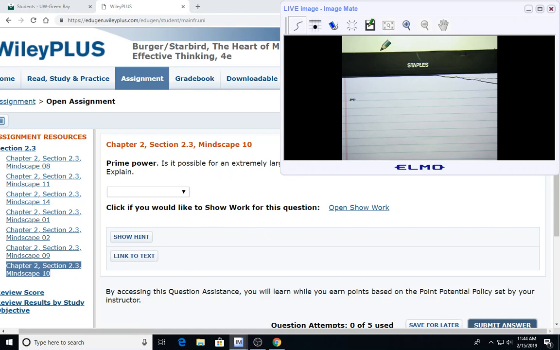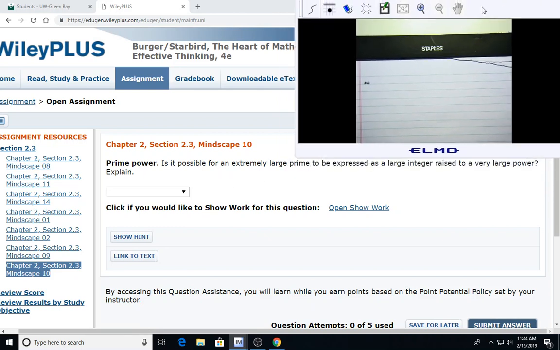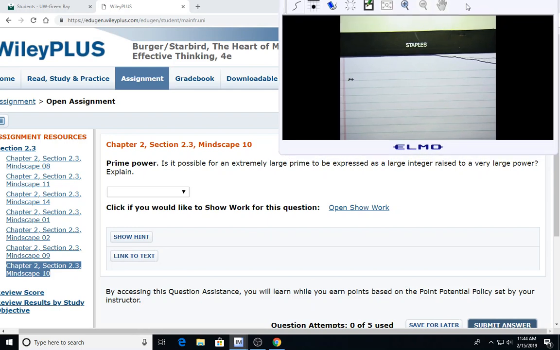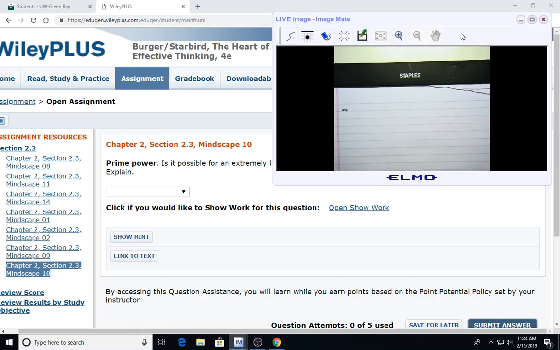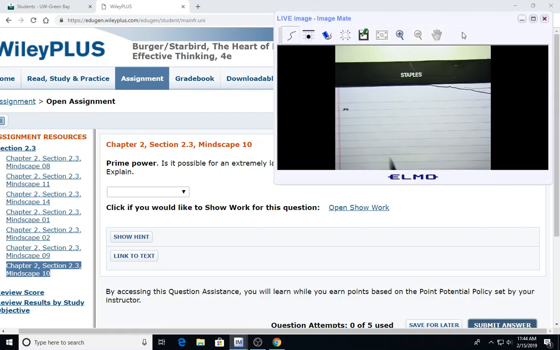Okay, is it possible for an extremely large prime to be expressed as a large integer raised to a very large power? So a large integer, this isn't the largest, but let's just say this one, expressed to a very large power. So 999 to the 999, that's a very large power. What does that mean when you use an exponent?